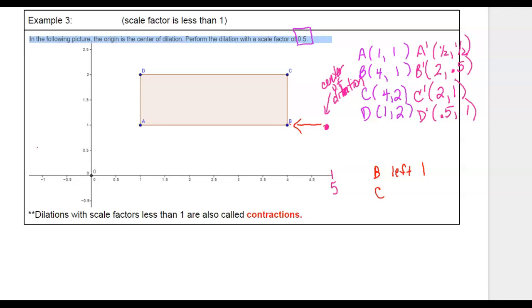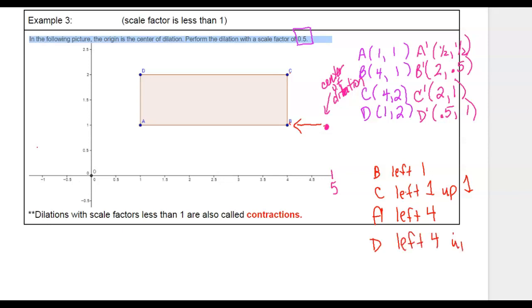I'm going to go left 1 and up 1. So left 1, up 1. To get to A, I went to the left 1, 2, 3, 4. And then we didn't go up at all. And then to get to D, we went left 4, up 1.